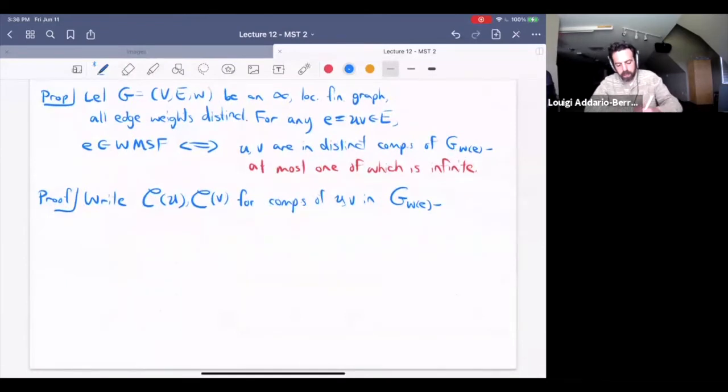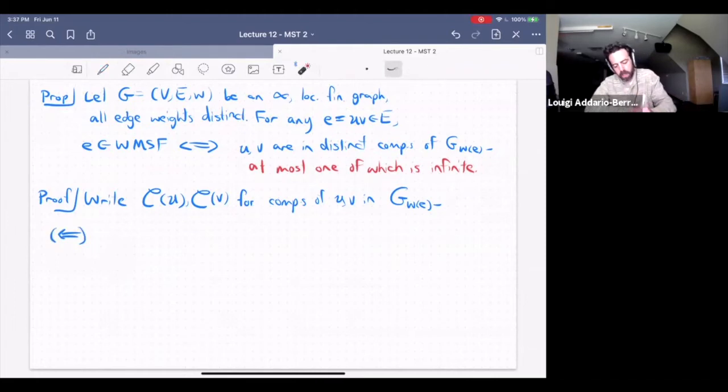I'll need a couple of different drawings of those depending on whether they're finite or infinite. I'll try to make this a rather visual proof because I think it's the easiest way to understand what's going on. So I'll prove the reverse implication first.